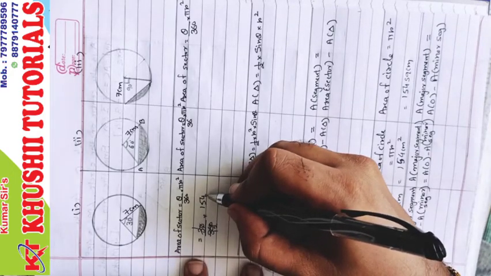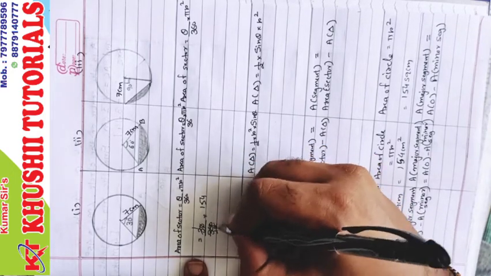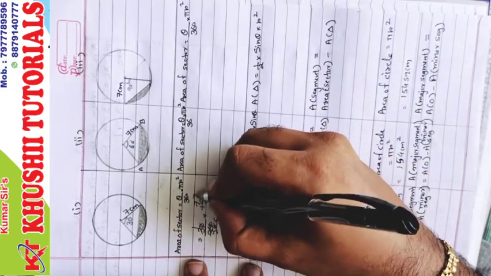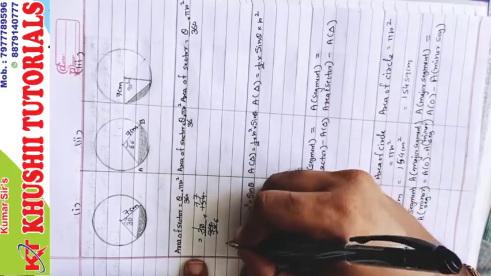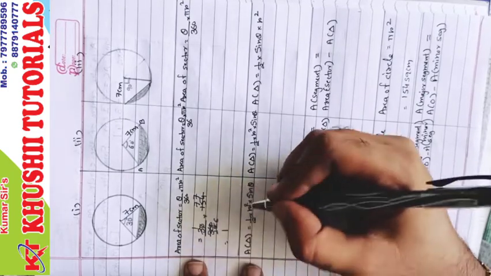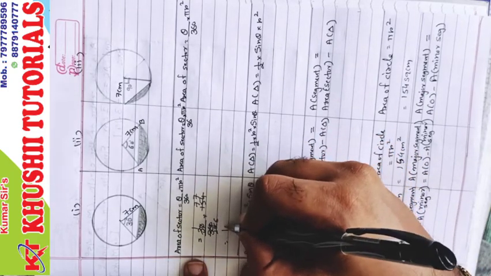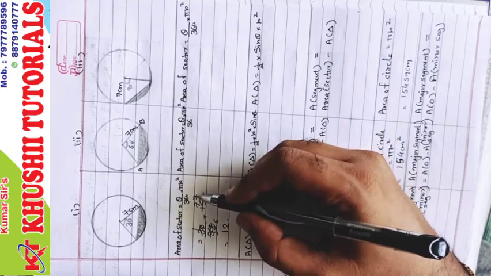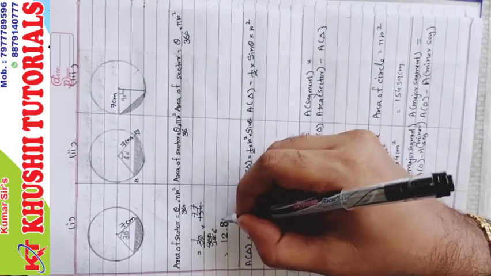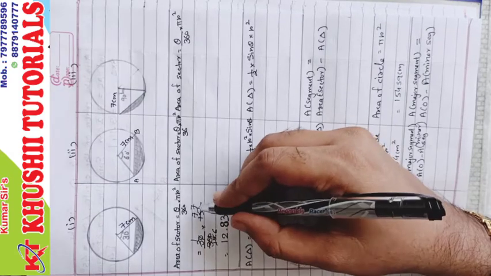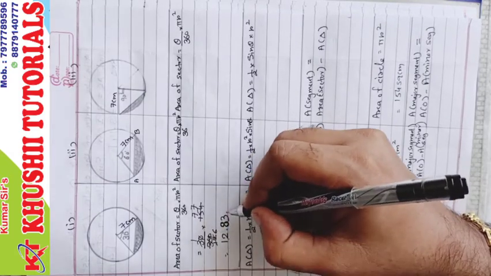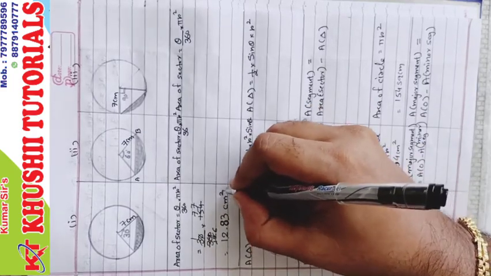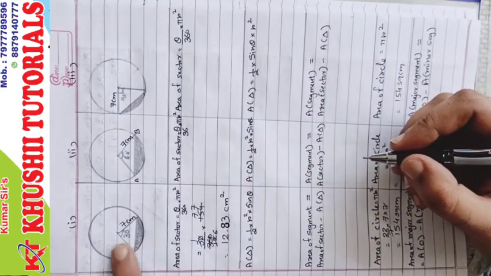Now 154 and 12, so 2 and half will be 77 over 6. Now we divide: 77 divided by 6 is 12.8333. So 12.83 centimeter square. This is the area of the whole sector.